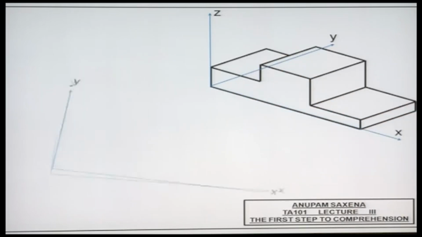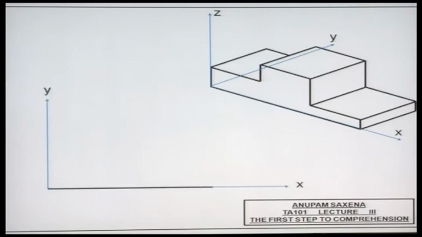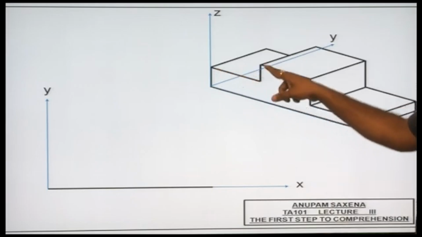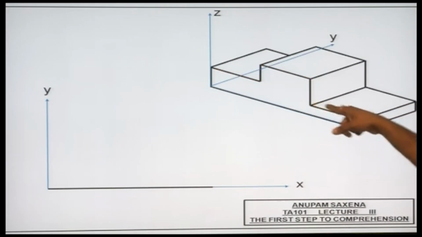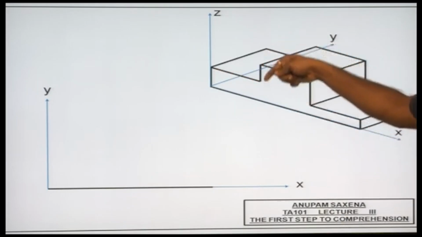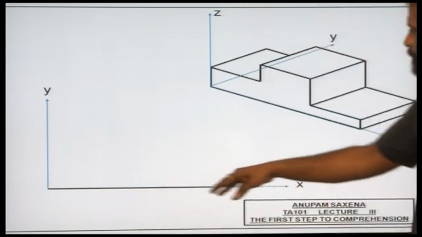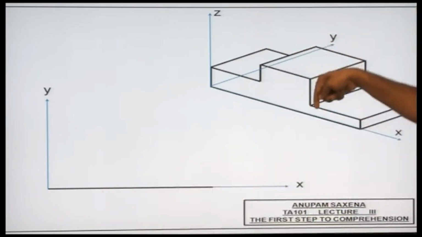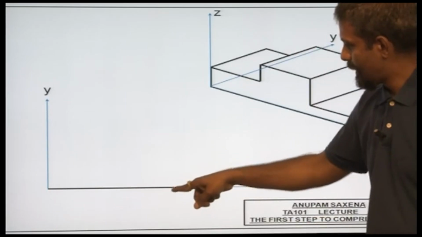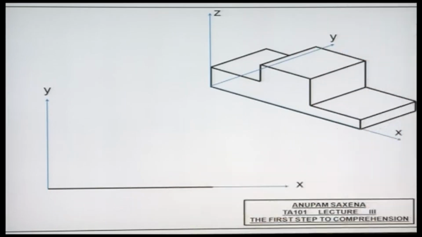Here you go. Now, what would this edge correspond to? It will essentially be corresponding to this edge and this edge together. So this edge would appear as a point somewhere on the edge here, and this vertical edge also will be a point somewhere on this edge.